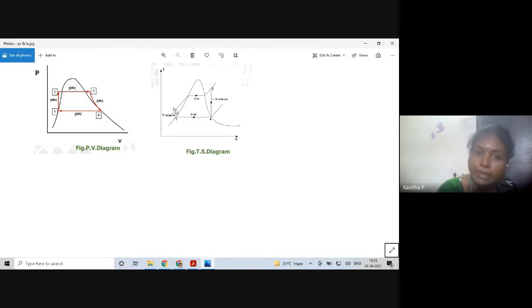Once the water enters the boiler, it is first converted into wet steam. This slanting line over here denotes the increase in temperature. Once the water reaches the boiling point, 100 degrees Celsius, it is converted into steam. But the steam is in a wet steam state, which has a lot of moisture content in it.